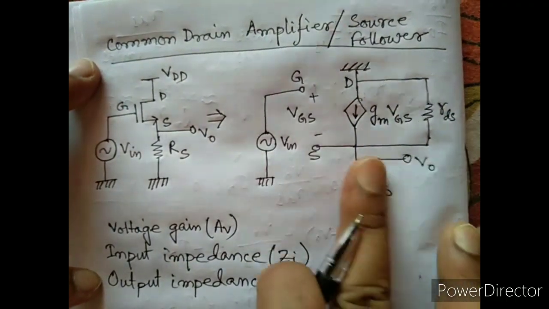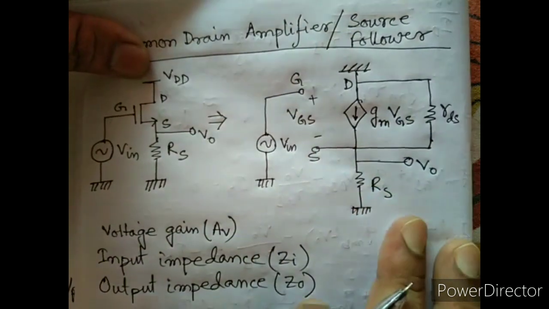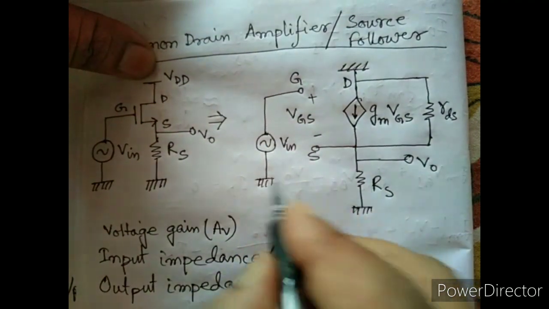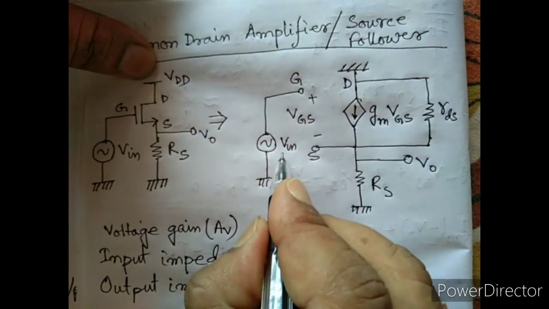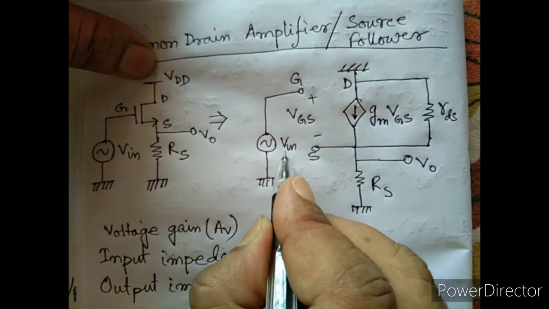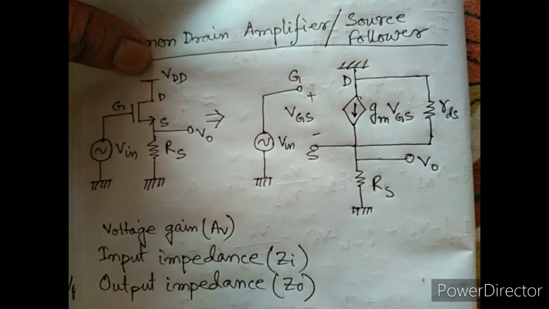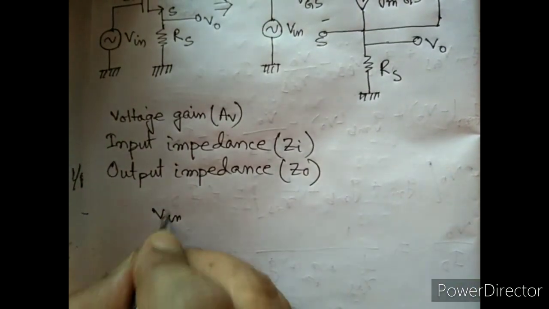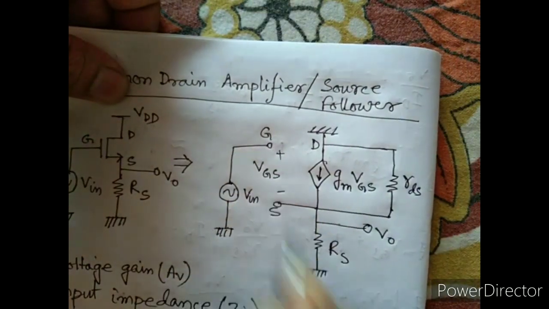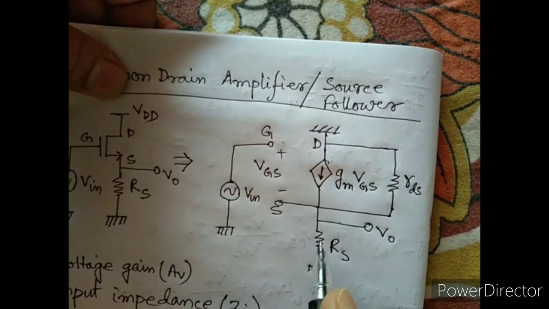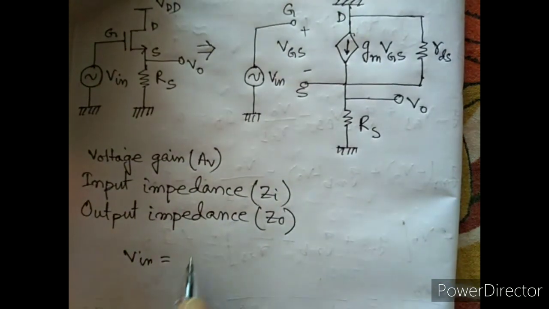Now if we analyze this small signal equivalent circuit, where Vin is the supply, we can write Vin equals VGS plus V0, since Vin drops across VGS and across this resistor RS.